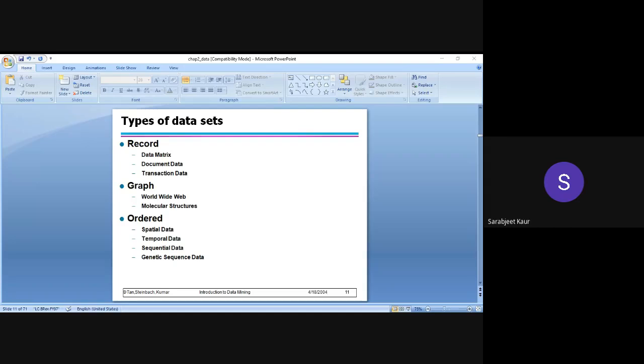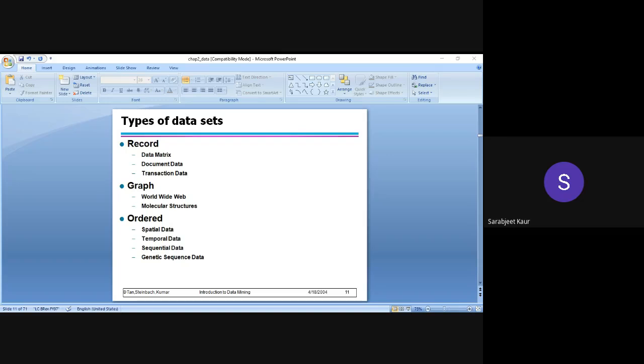So lower triangular matrix, upper triangular matrix. So as soon as we talk about a data matrix, what we have in mind is a matrix, a record matrix only. This is again a kind of record matrix.